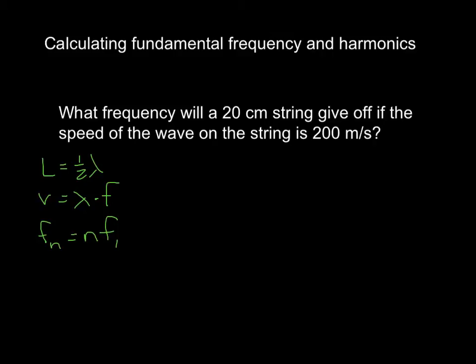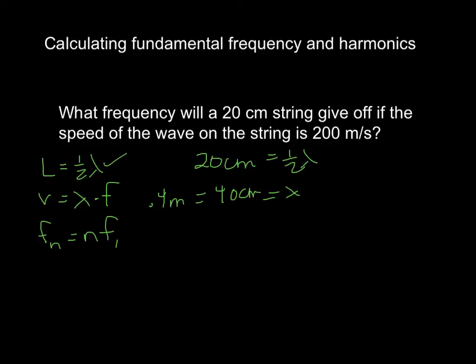So what frequency will it give off? The length of our string is half the wavelength, so 20 centimeters is half of our wavelength. So then our wavelength is 40 centimeters. We're going to have to convert that to meters, so that's 0.4 meters. So see, we've already answered part of the problem. Check, done.